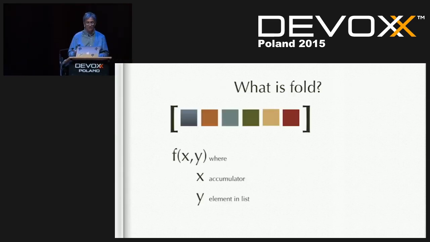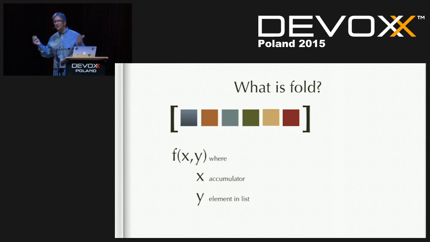What is fold? Fold, when you first read about it, it feels like this weird, abstract thing. But it's actually a very simple concept. Here I have a collection of items, and I have a function. And I have this initial, the function takes two parameters, an x and a y. X is the accumulator, y is the element from the list.